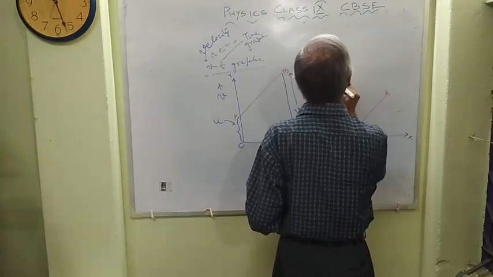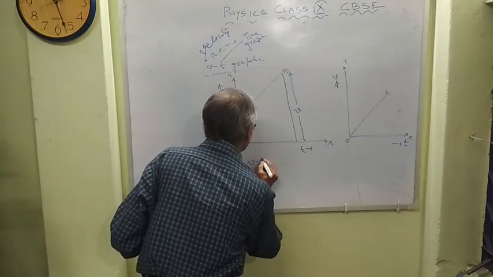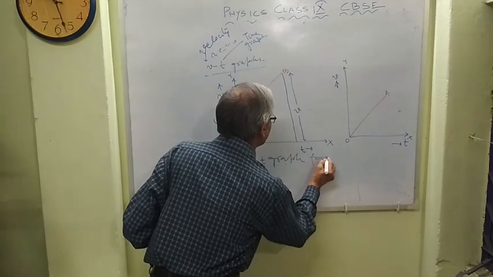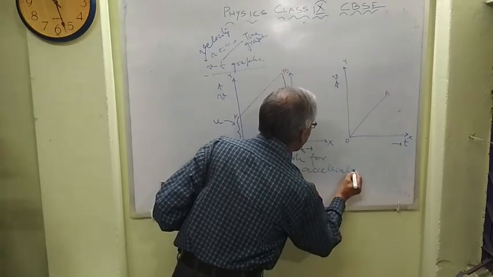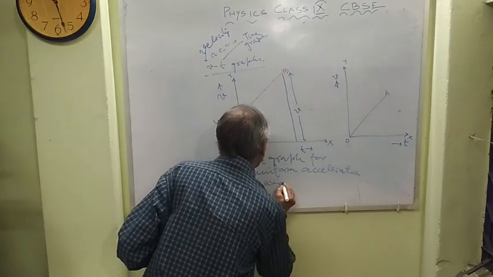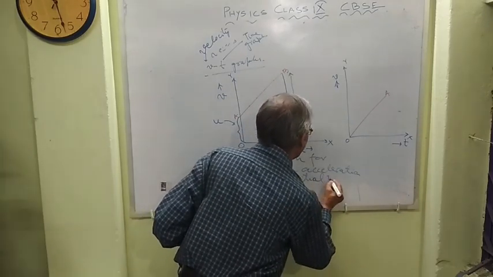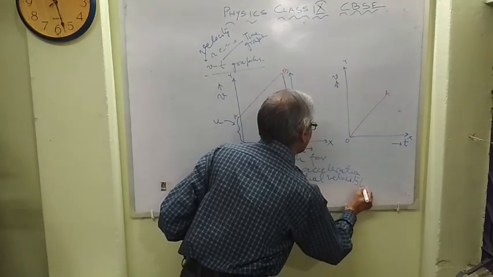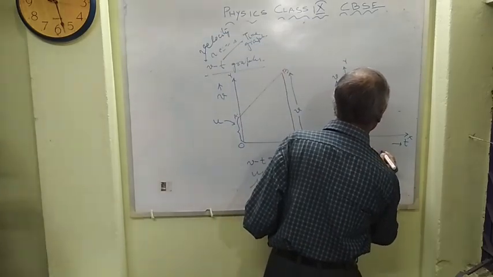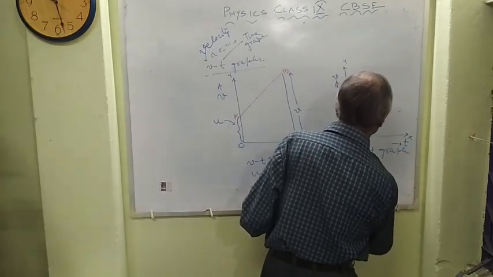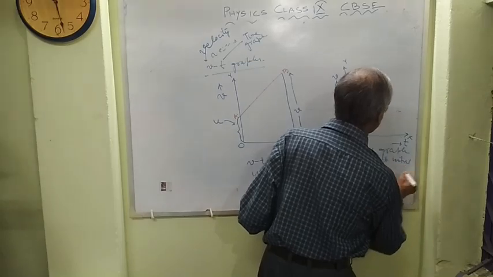This is the v versus t graph for uniform acceleration having initial velocity u, and without initial velocity, that is, the body starts from rest.